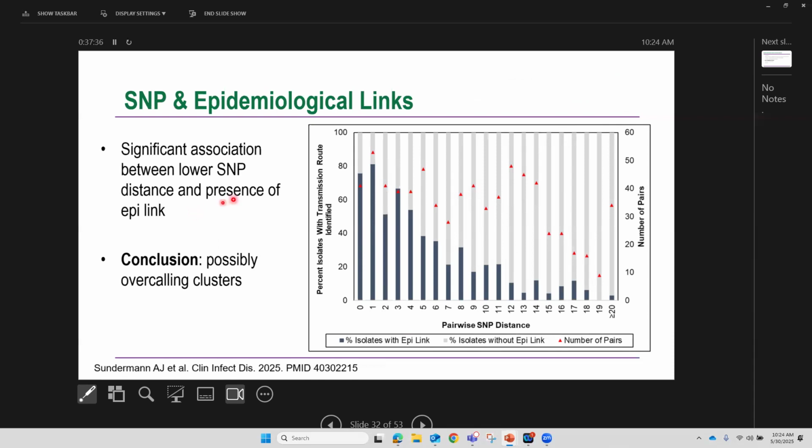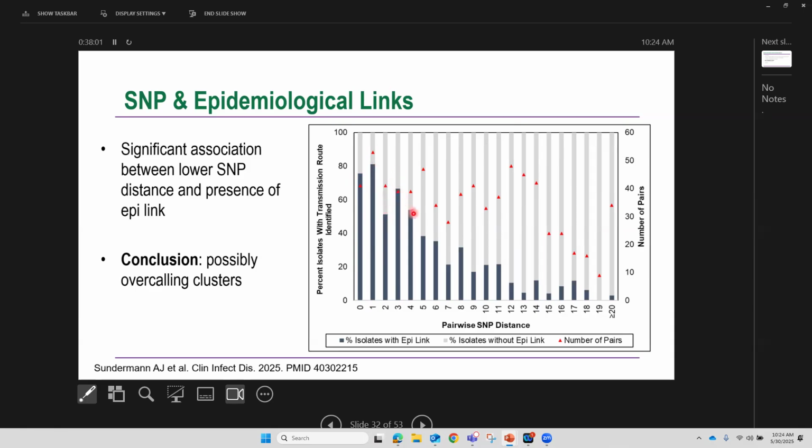So what we did was we took all of our pairwise isolate comparisons and said, by number of SNPs, what was the likelihood of finding a transmission route? So for example, if 2 isolates had 0 to 1 SNPs, shown down here, there was about an 80% chance we would find the transmission route.